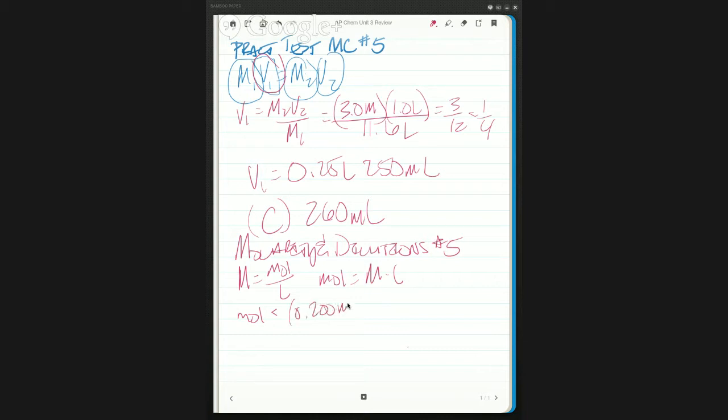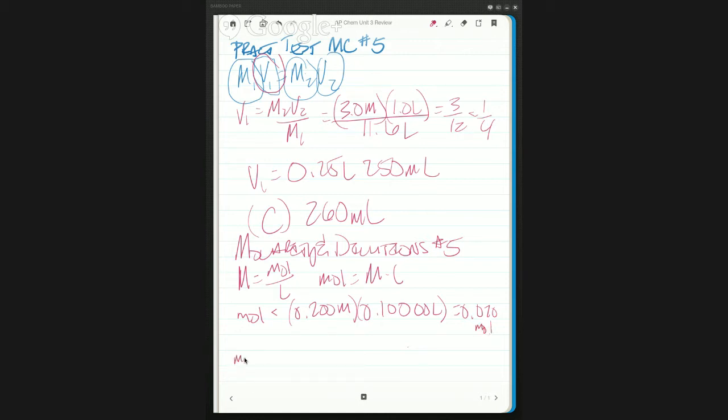Moles equals 0.200 molarity times 0.10000 liters, which gives me 0.020 moles.